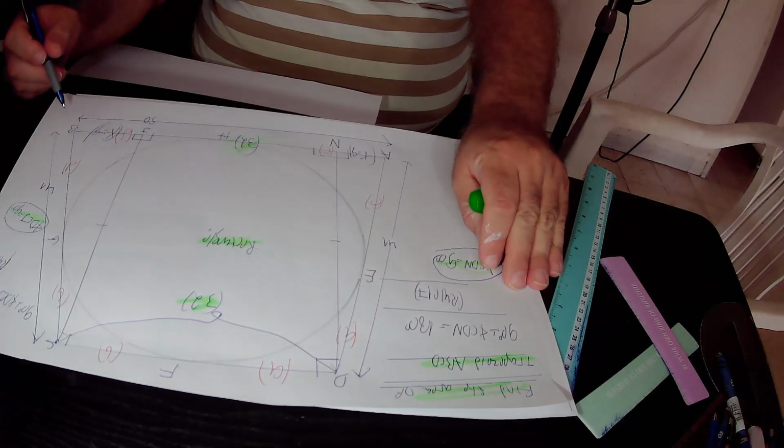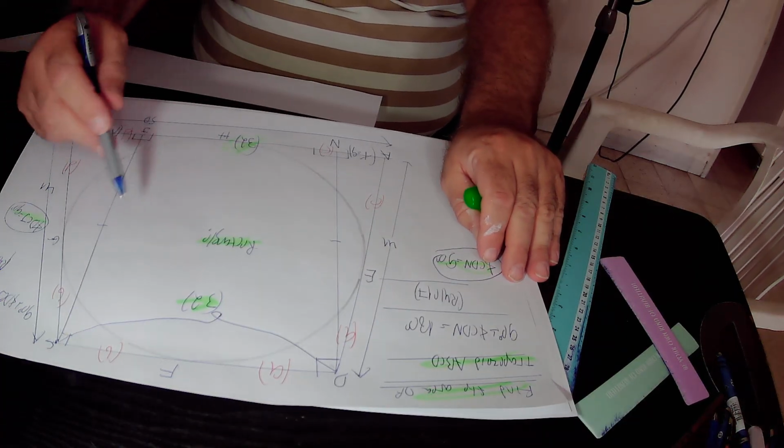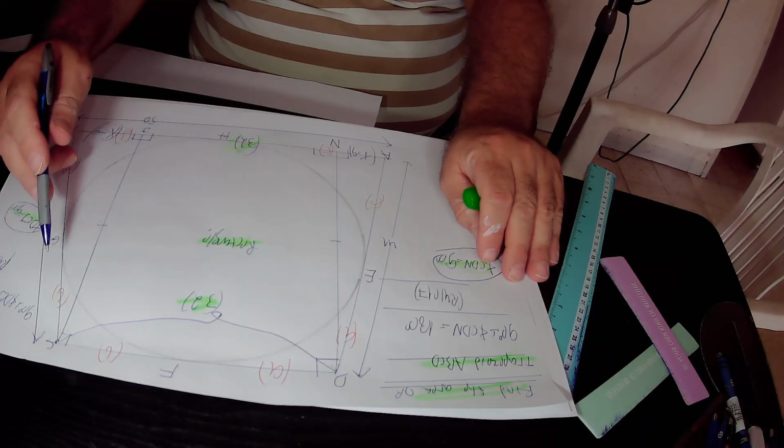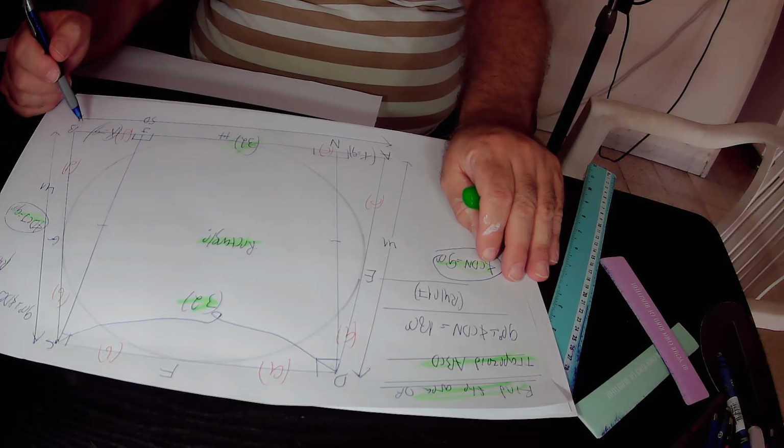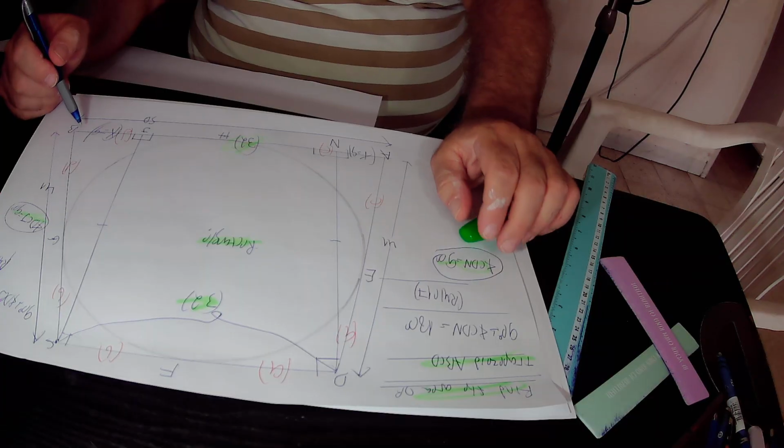In the next step, I'll copy the right triangle CJB onto a new page, and we will apply the Pythagorean theorem to this right triangle CJB.